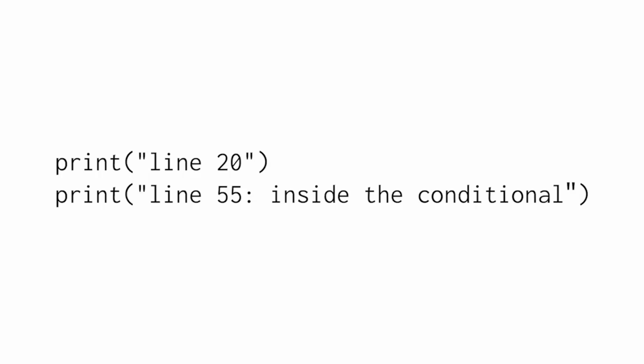The print statements should describe the location in the code. For example, print line 20 or print line 55 inside the conditional. The idea is to use these print statements to identify which sections of the code are functioning properly. When a print statement doesn't print as expected, this helps you identify sections of the code with problems.